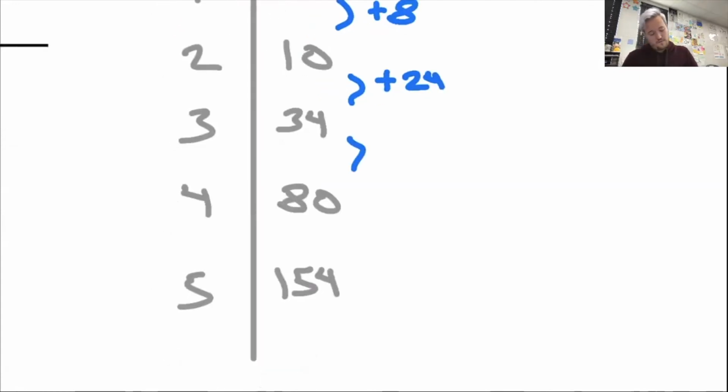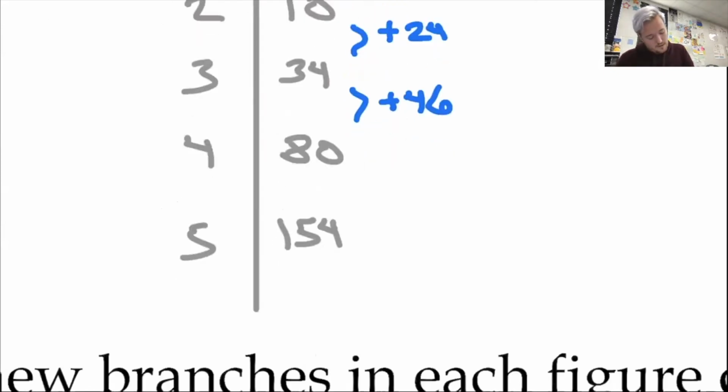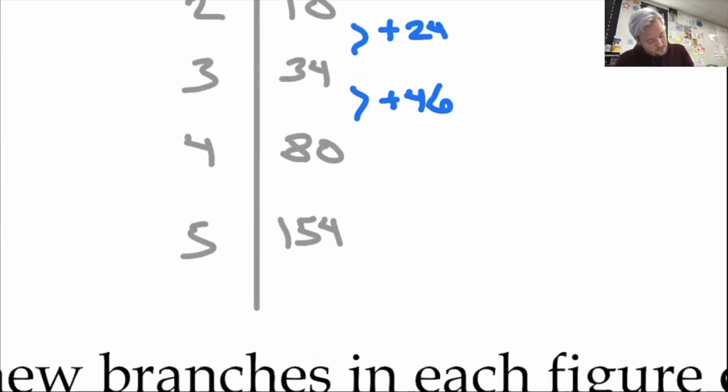Let's say that was 46. Math is hard. It's been a long day. Yep, 46. I'm always second guessing myself. Okie dokie. And then 154 to 80, was that 74? Yeah.